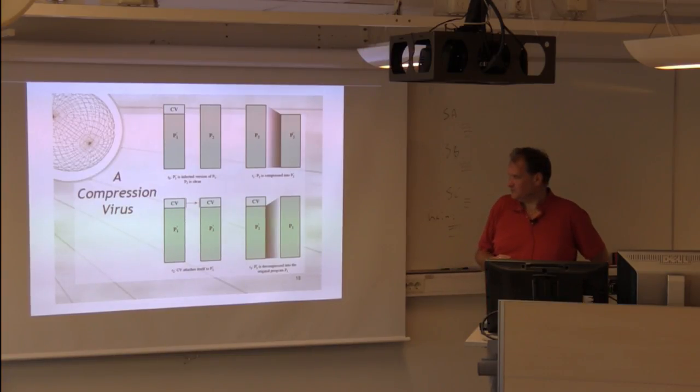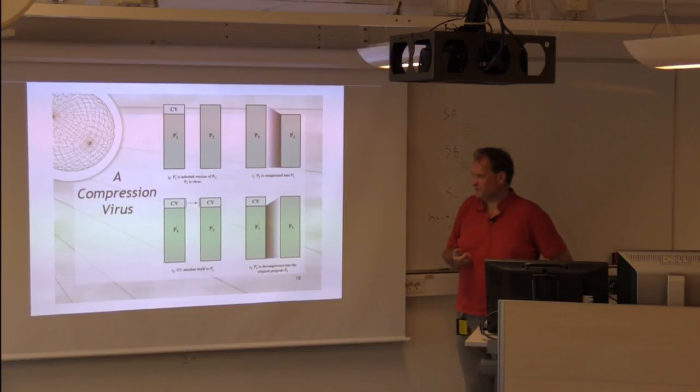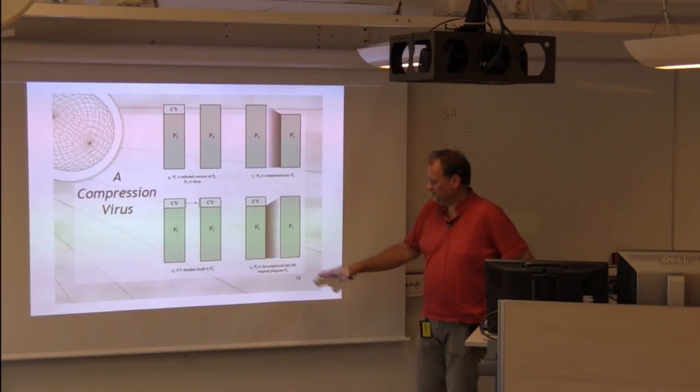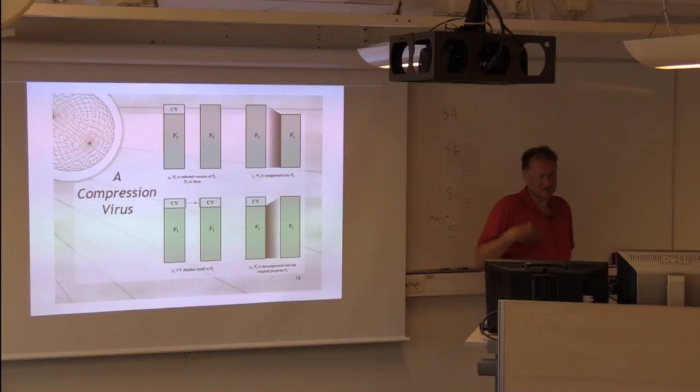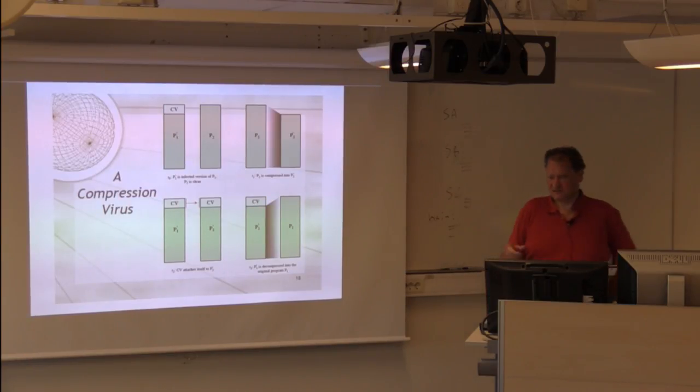But as we know, the first thing that happens when you execute the program is that the virus code is run. So the virus code will, in memory, decompress the rest of the program. So it will be able to run in memory, but the stored file on the system is compressed. So that's one way to hide it.